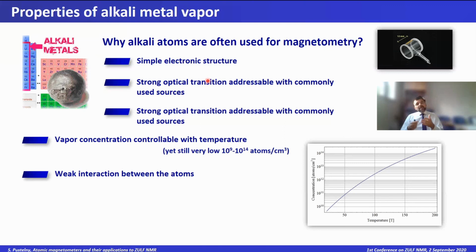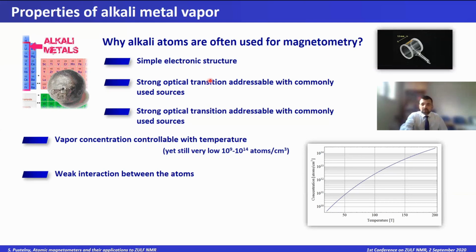And this light can be generated, once again, a very important thing, with lasers that are very simple, because all these lasers are diode lasers. You can buy those lasers for very little money. And the last two important elements of the system are the following. If you are using alkali metal vapor, this is vapor, so you can control the vapor by changing the temperature.